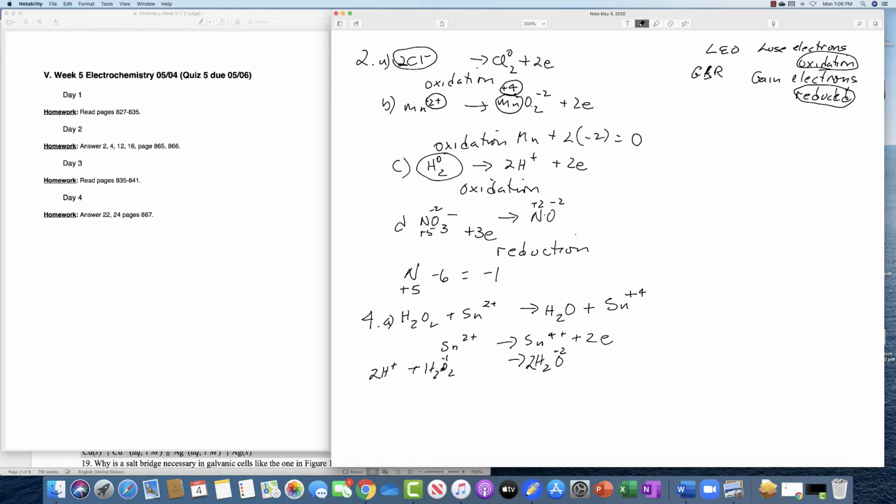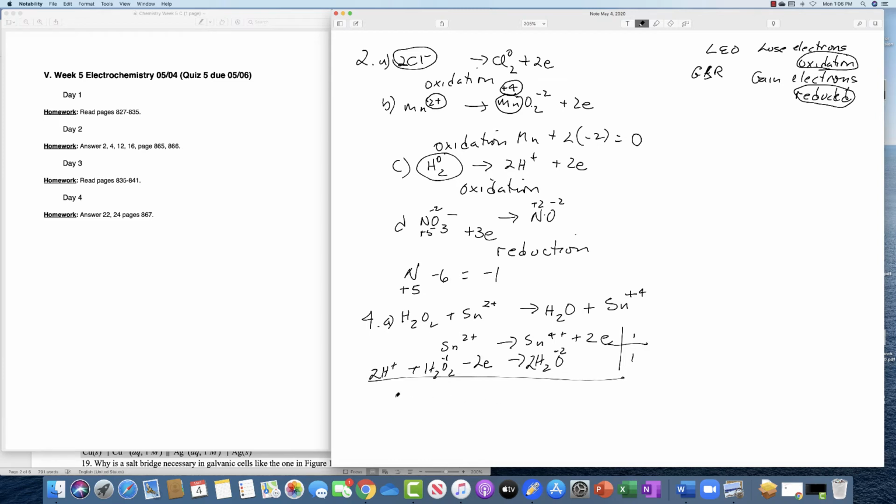Since you have 2 of these, it goes from -1 to -2. To go from -1 to -2, it has to gain, and for each oxygen, it gains 1. So overall, it gains 2 electrons. To balance these electron changes, you multiply both of these by 1. You don't have to do anything else.